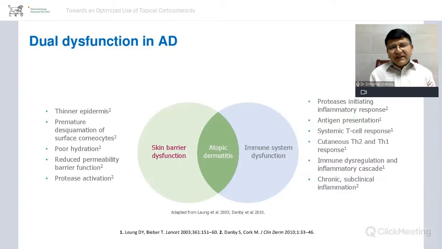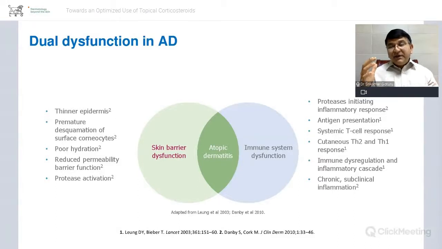We know that the two major issues are a skin barrier defect and a dysfunctional immune system. We all know that there is a genetic defect in quite a number of patients with the filaggrin gene, but it's not just the filaggrin gene. Not everybody with atopic dermatitis has an impaired filaggrin gene.